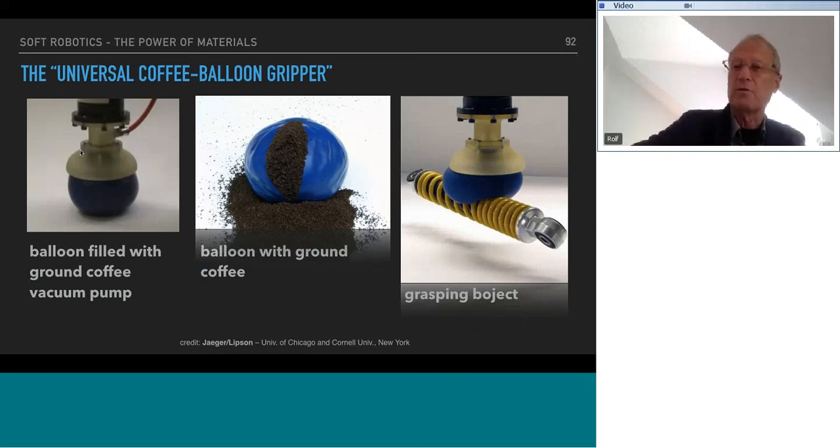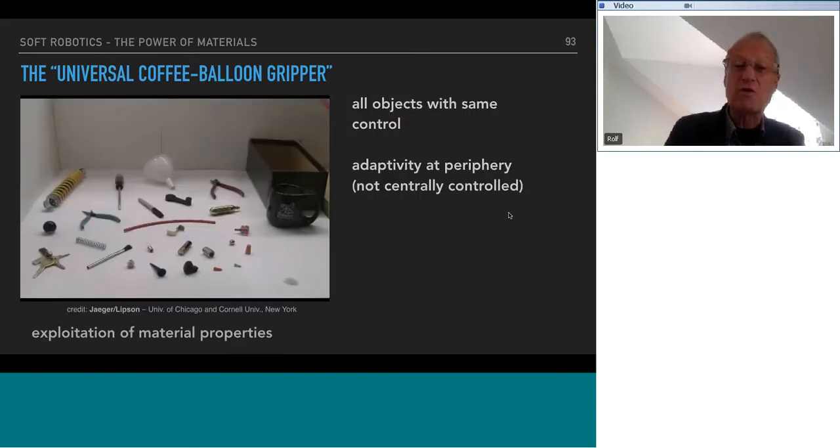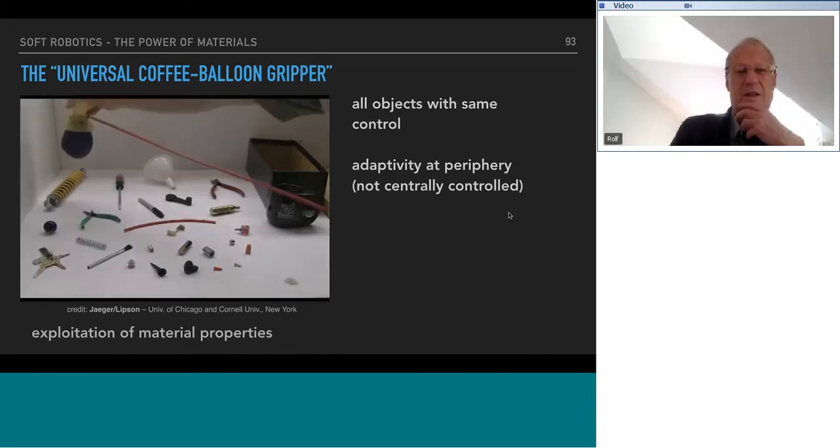They lower the balloon over the object, and because it's very soft, it will adapt. The shape will adapt to the shape of the object at the periphery, not by centralized control. And then they apply the vacuum, the structure hardens, and they can grasp virtually any object with one and the same control. And the entire adaptivity is at the periphery.